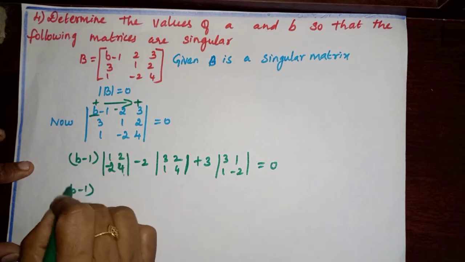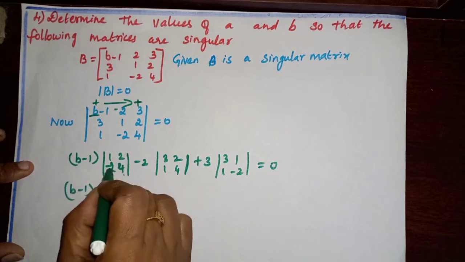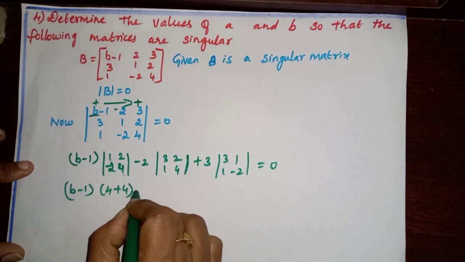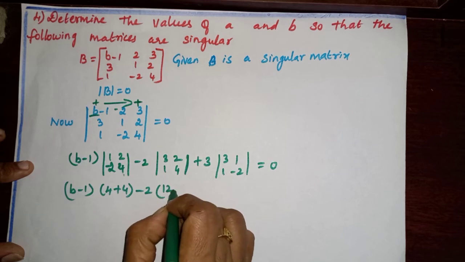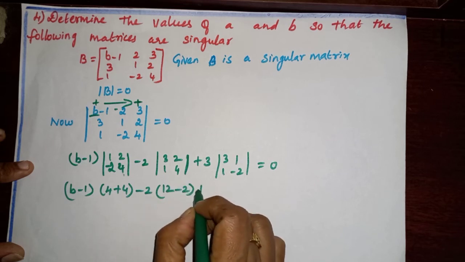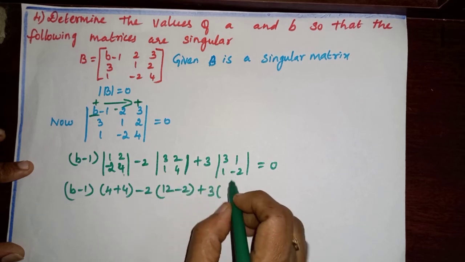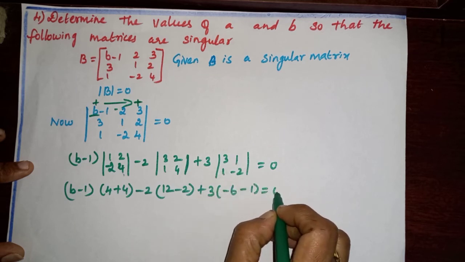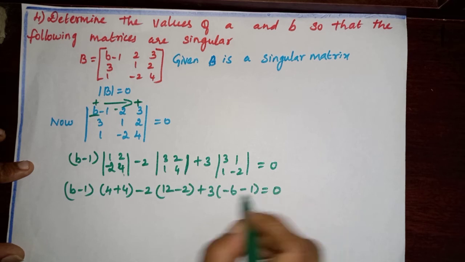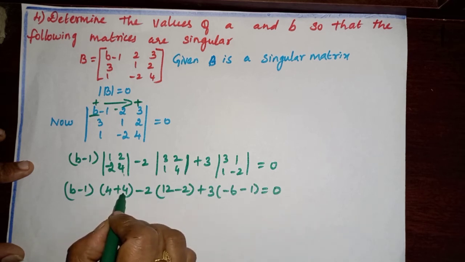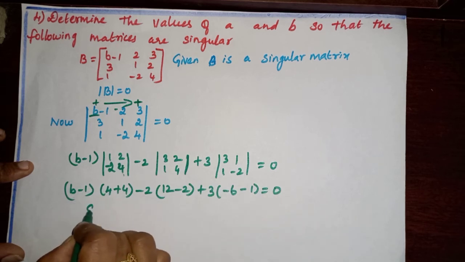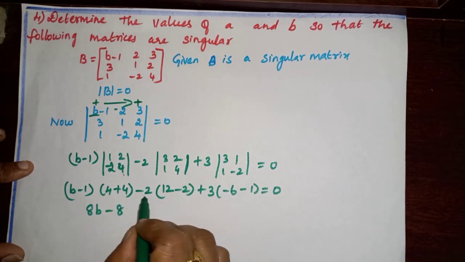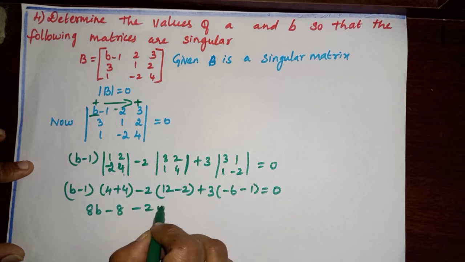B minus 1 into (1 times 4 is 4, minus 2 into 2 is minus 4, minus into minus is plus 4). Minus 2 into (3 fours are 12, minus 2). Plus 3 into (3 into minus 2 is minus 6, minus 1 into 1 is 1), which is equal to 0. 4 plus 4 is 8. 8 into B is 8B minus 8. 12 minus 2 is 10. 10 into minus 2 is minus 20.